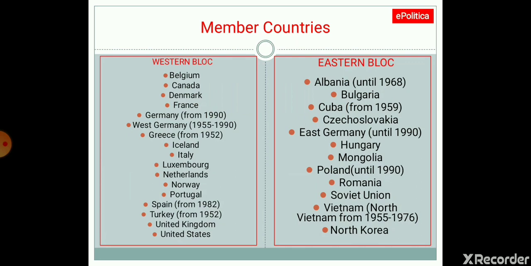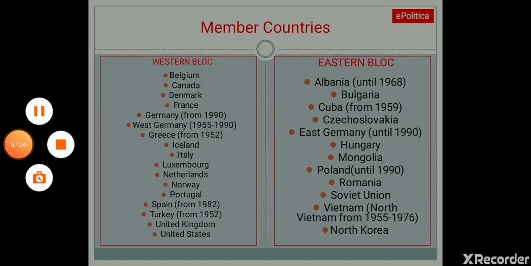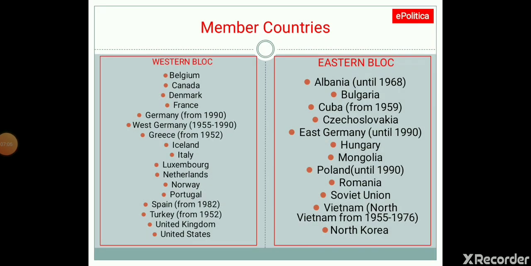Now let us talk about who are the member countries of these blocs. If you look at this particular table, you can see that the member countries of the Western Bloc were Belgium, Canada, Denmark, France, Germany, West Germany, Greece, Iceland, Italy, Luxembourg, Netherlands, Norway, Portugal, Spain, Turkey, UK, and United States of America.